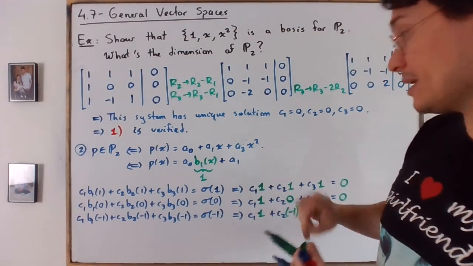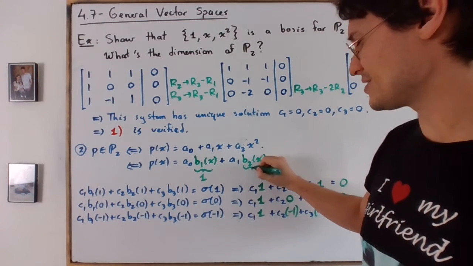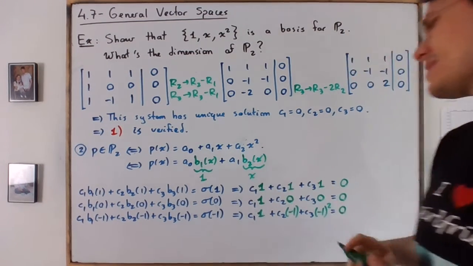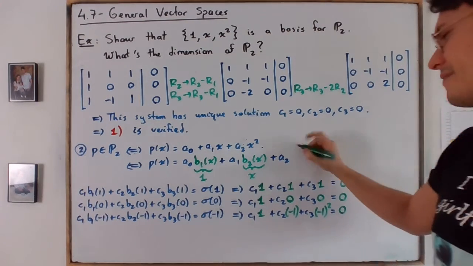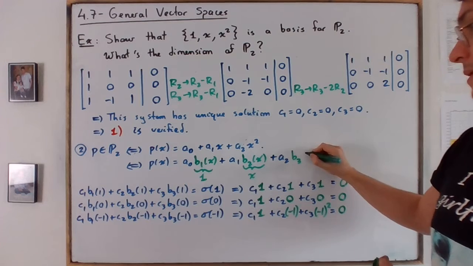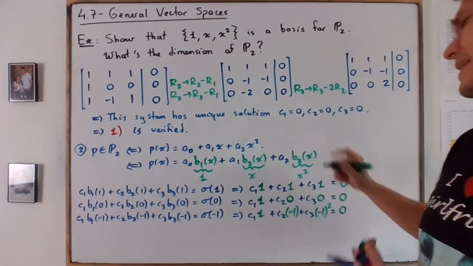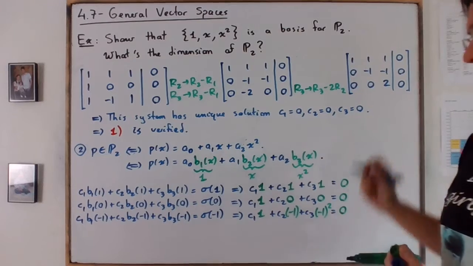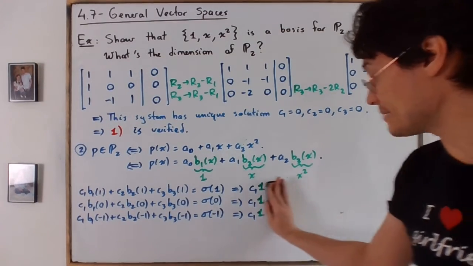Plus A1 b2 of x, which, as you can see, is just equal to x, and plus A2 b3 of x, which is the one that's equal to x squared. I need to erase this. We don't need it anymore anyways.